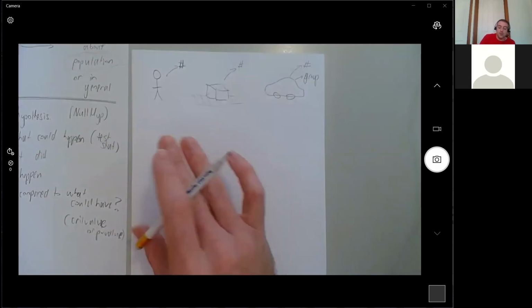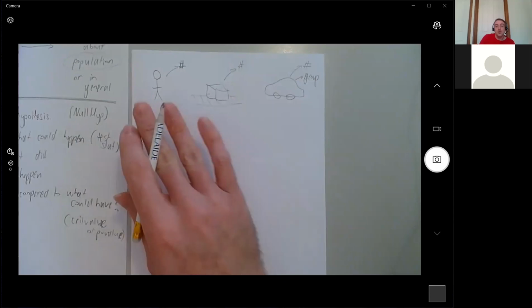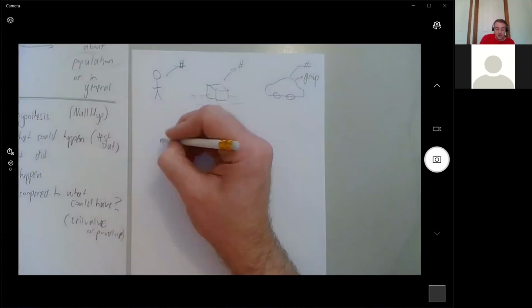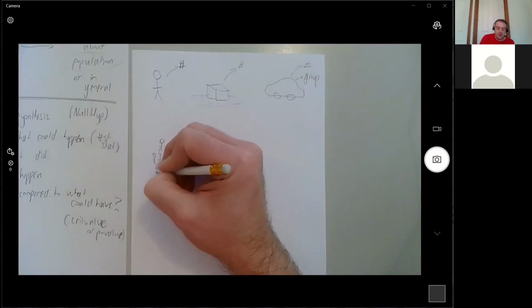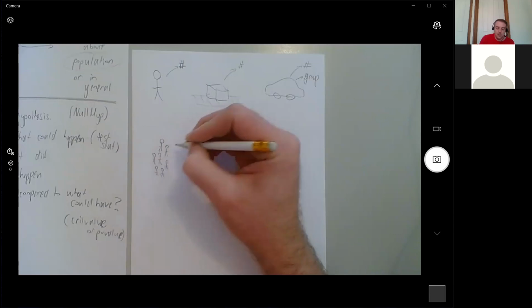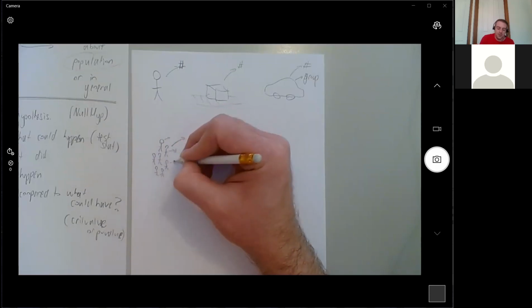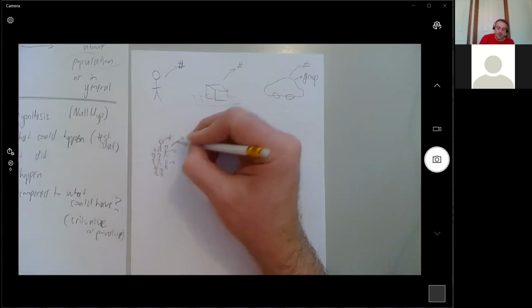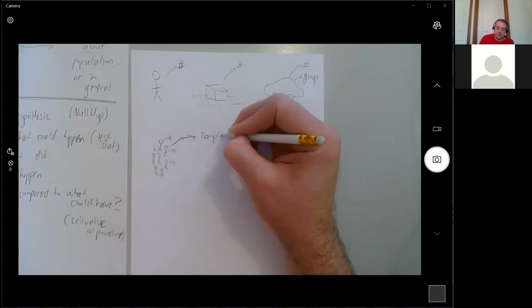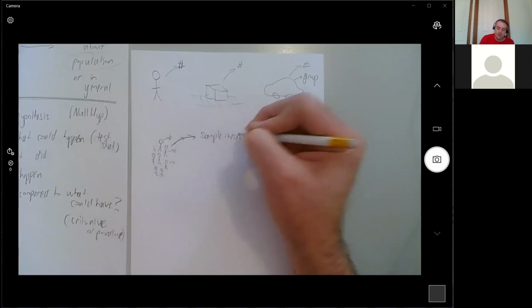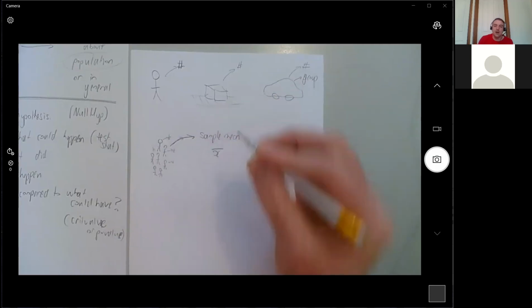So the idea is that you take a sample of individual people or objects, and you write down the number for everybody. Everybody's got a number of their own. Then you take all those numbers and produce a sample mean, which is traditionally called X bar.